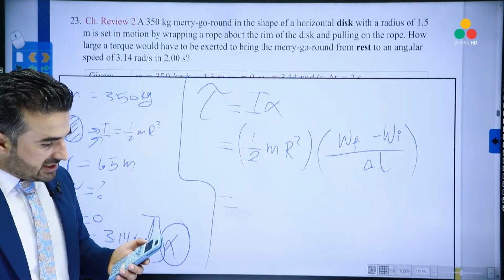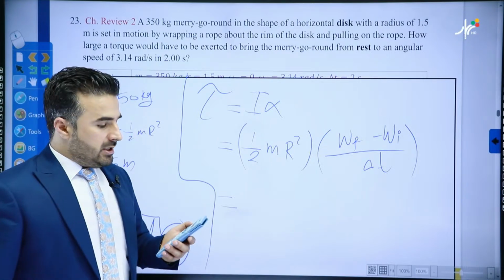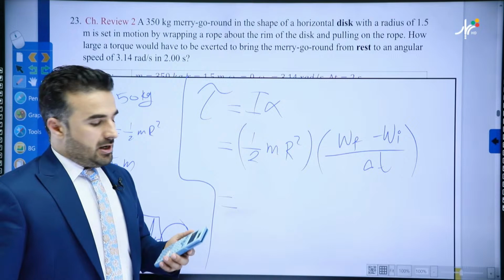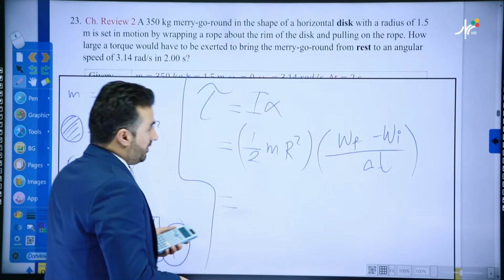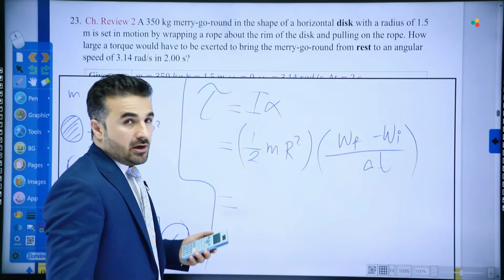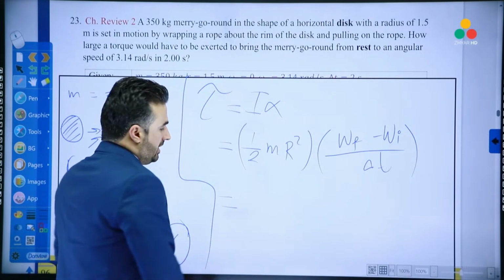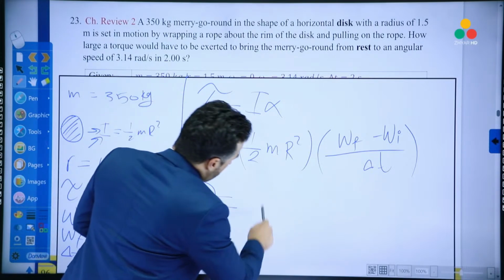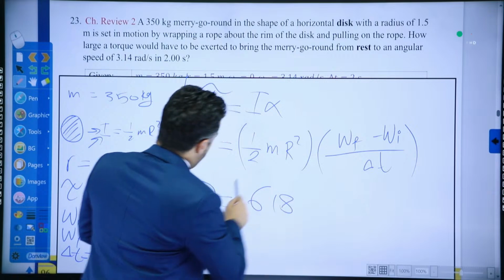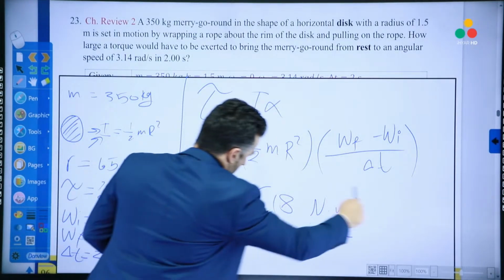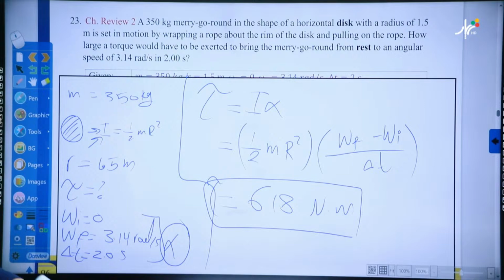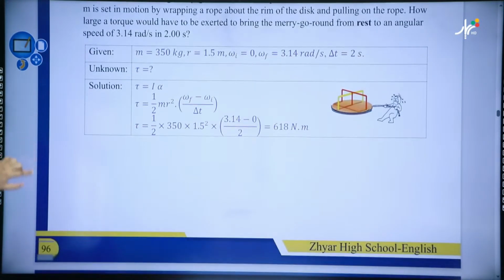And of course, the answer is 618.18, or we can say 618, or 618.2 if I wanted another digit. But I'll just go with 618, and the unit is Newton meter. This is the net torque on the merry-go-round, 618 Newton meter.